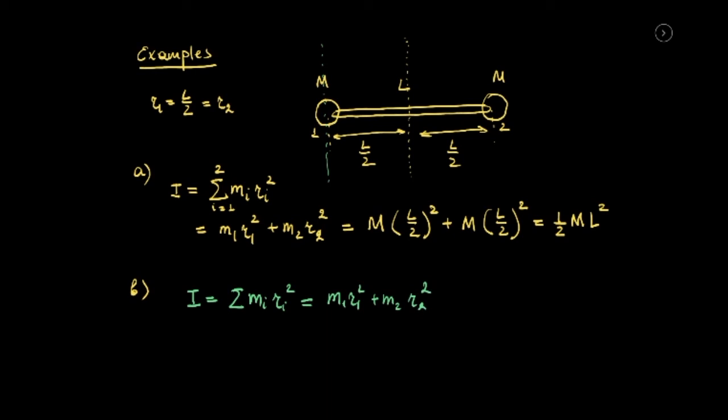The first one has zero distance from the axis of rotation, so it is 0, plus the second one has mass m multiplied by r2 squared, the distance from the second particle to the axis of rotation. This is equal to L, so I put L squared here, so it is mL squared.